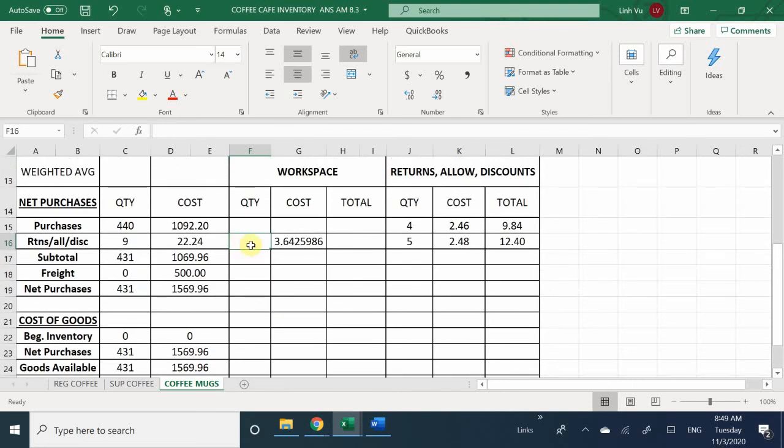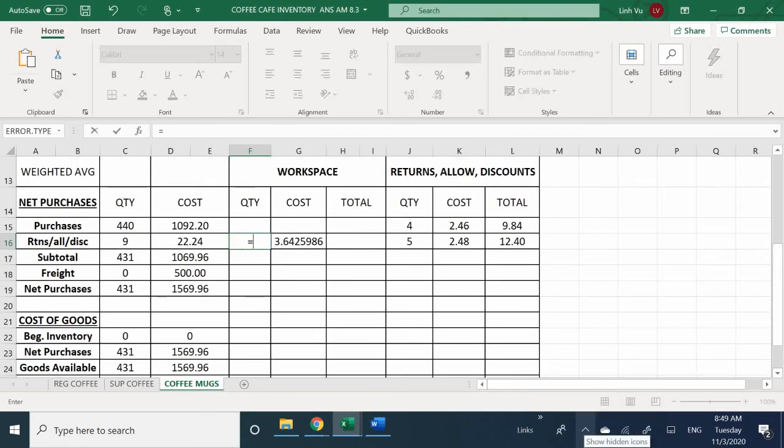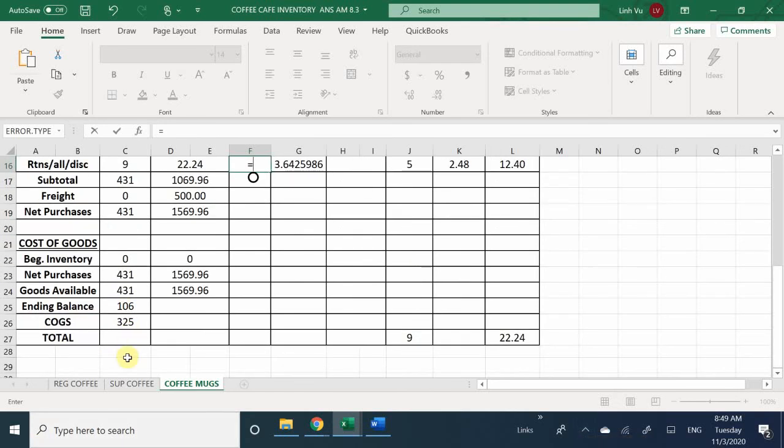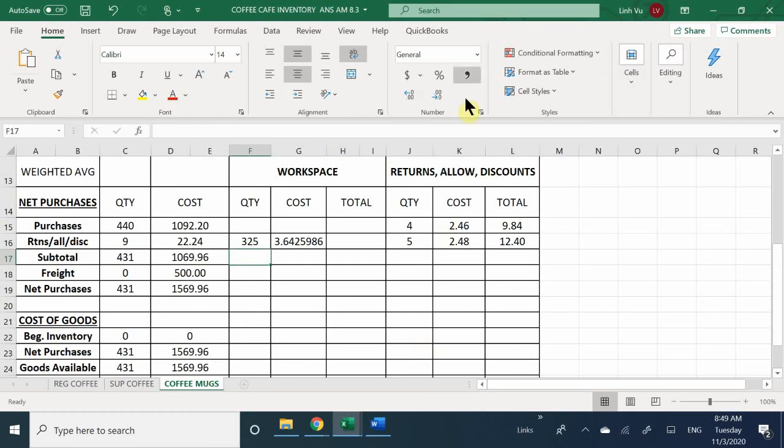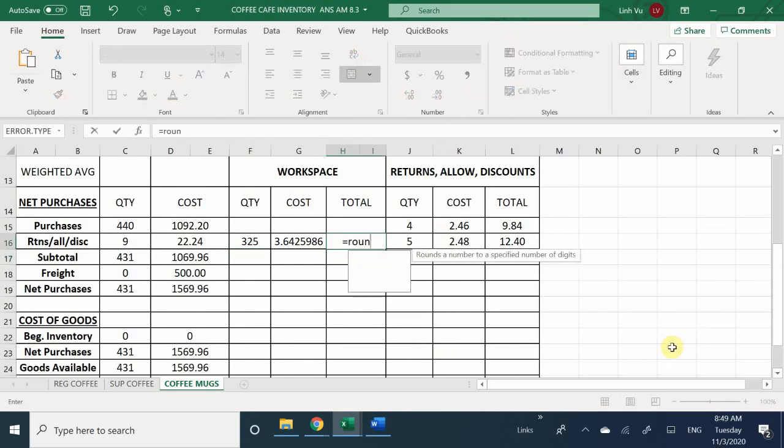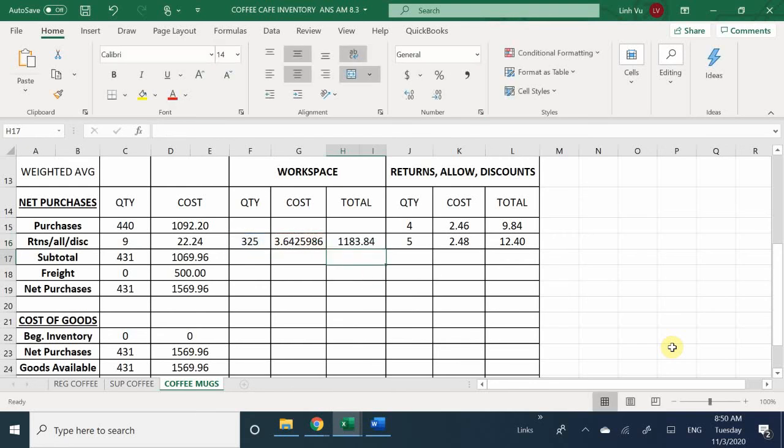So how many items did we sell? 325. Times 3.64, I got 1183.84.